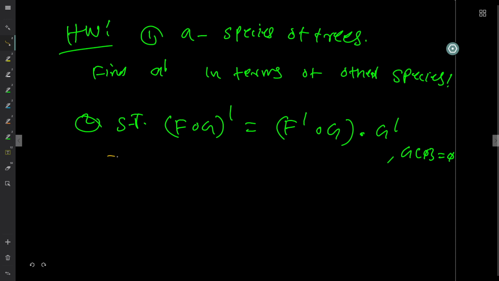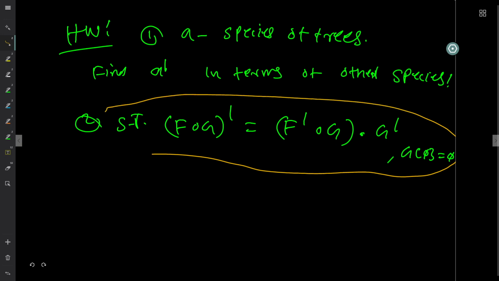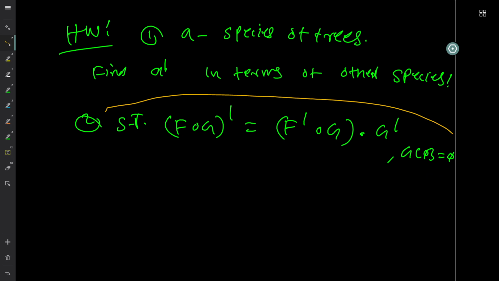Then show that the derivative of the composition F∘G is actually equal to the derivative of F composed with G, product with the derivative G'. So F'∘G · G', where of course G of the empty set is equal to empty.